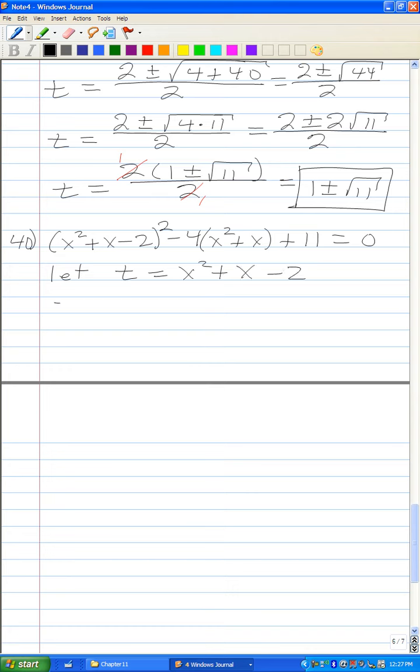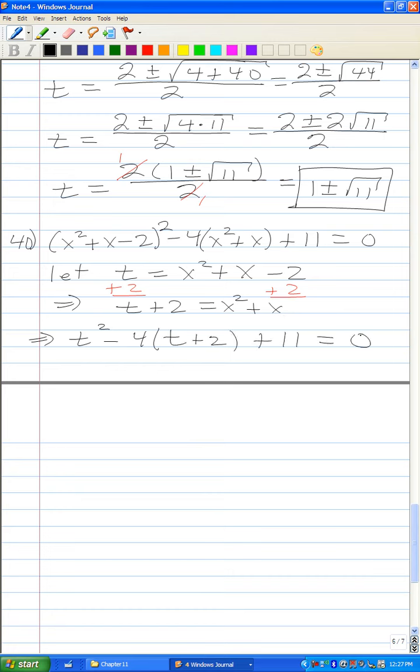So that means that if I add 2 to both sides of my equation, I get that t plus 2 equals x squared plus x. And so x squared plus x minus 2 is just t. x squared plus x is just t plus 2.